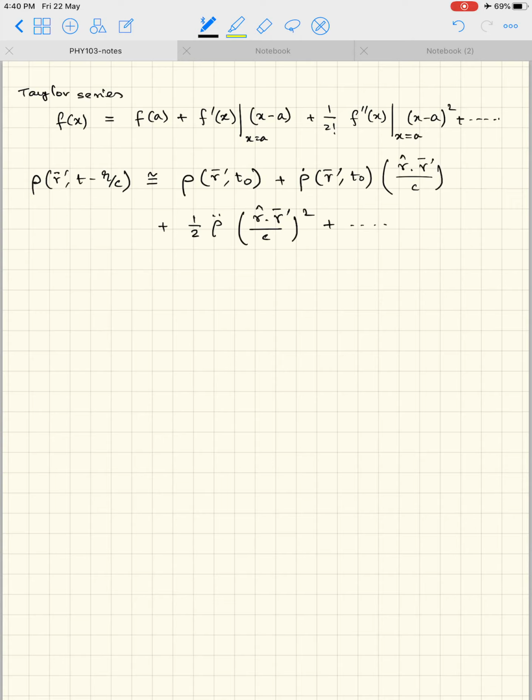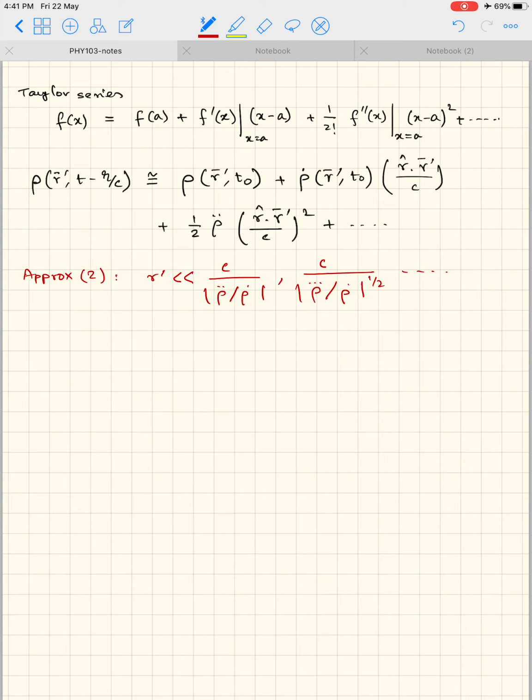now what we will do is we will use approximation 2, and approximation 2 is going to be r primed is much less than c by rho double dot by rho dot, and things like rho triple dot by rho dot to the half, and so on.